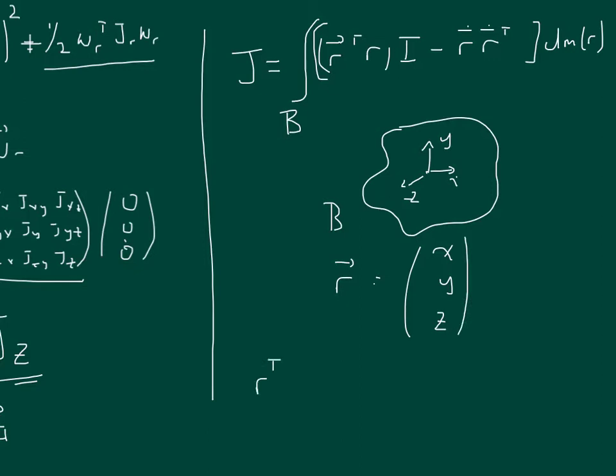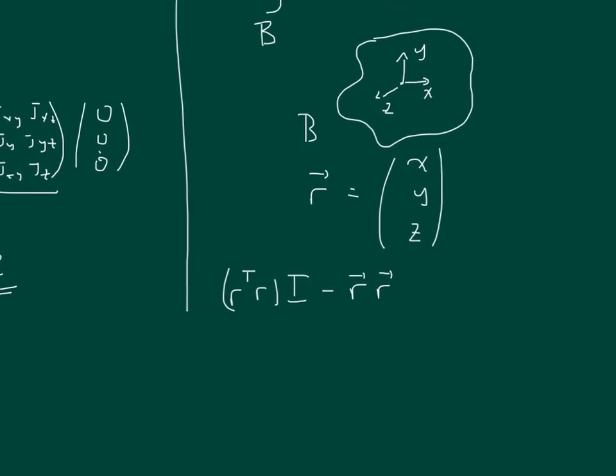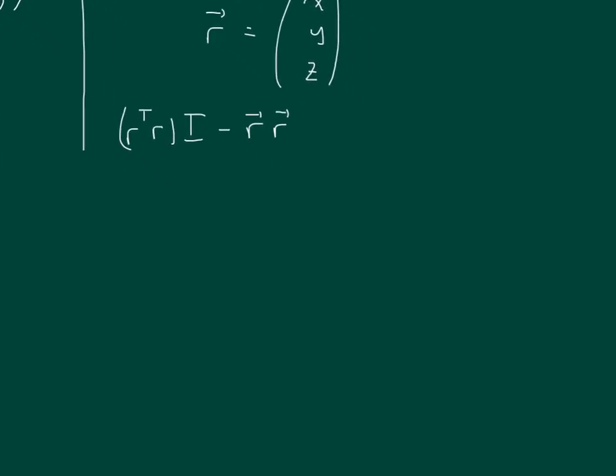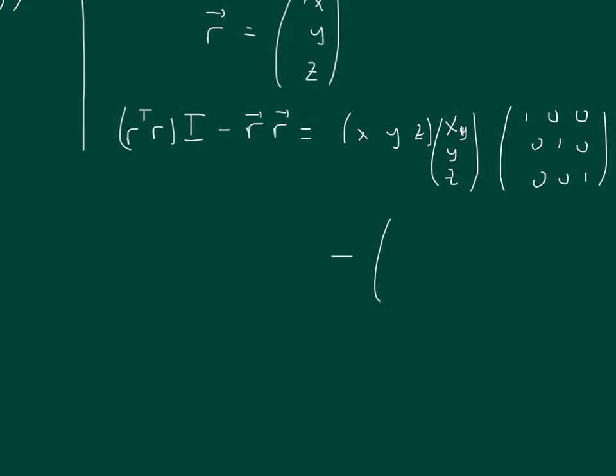So r transpose r times identity minus r r transpose is equal to x, y, z times x, y, z as a column, times the identity matrix, minus x, y, z times x, y, z.